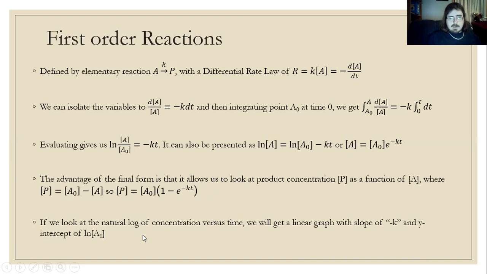If we graph the natural log of concentration versus time, using the linear form, we get a linear graph with the slope being negative k and the y-intercept being ln A sub 0. So by graphing time and concentration, we can determine our k and our A sub 0.